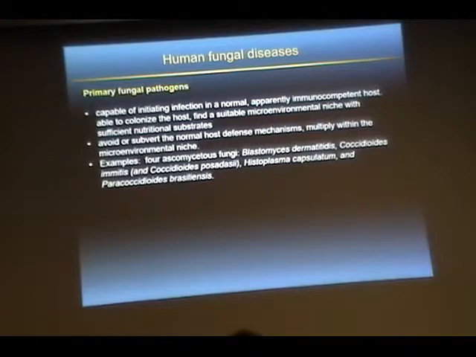Okay, because it has certain features, virulence factors, that enable them to attack the host, and these virulence factors enable them to avoid or subvert the normal host defense mechanisms, both innate and adaptive. Which is why they're able to multiply within these microenvironmental niches, and that's why they are primary fungal pathogens, or they are there primarily to cause the disease, okay?